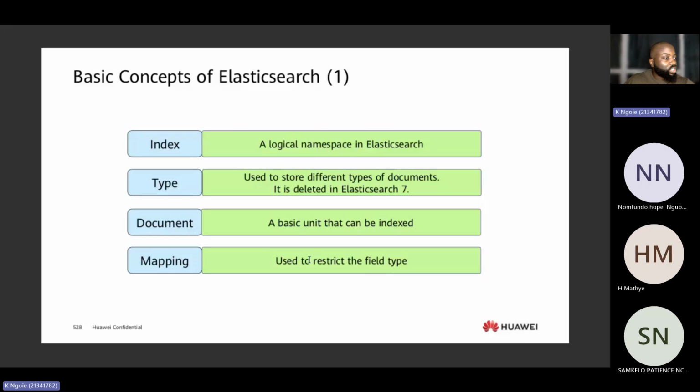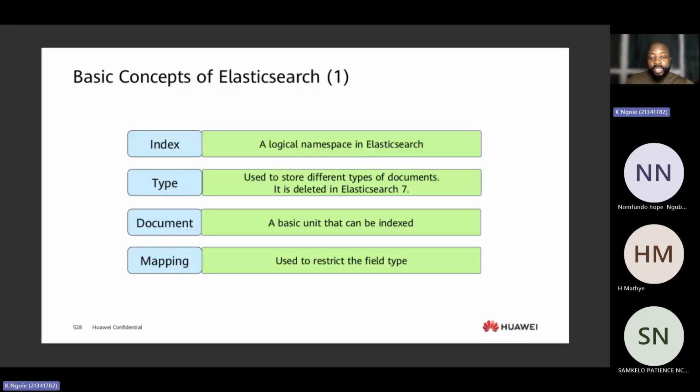So the basic concept: we have indexing. When we talk about indexing, it's basically getting a structure of the data. A piece of data can be in a certain position, so that can be called an index. Think of it as the ID of the data in the database.